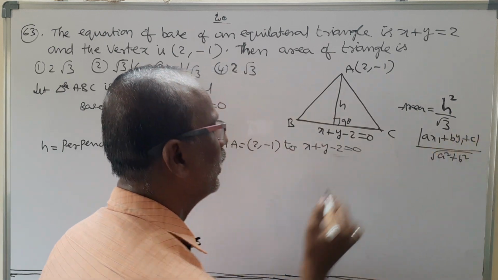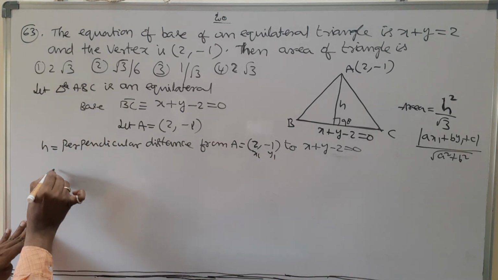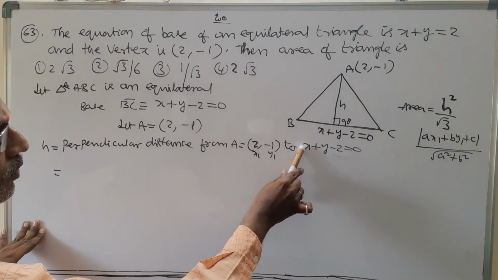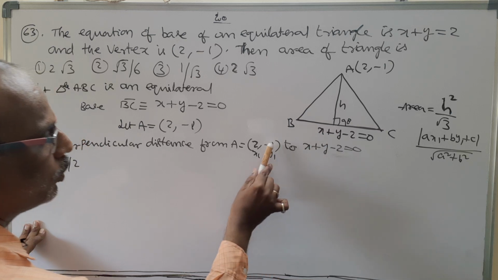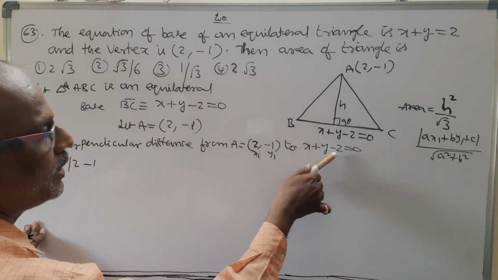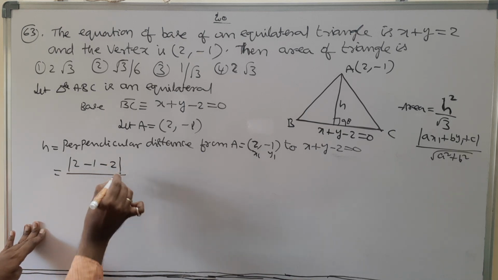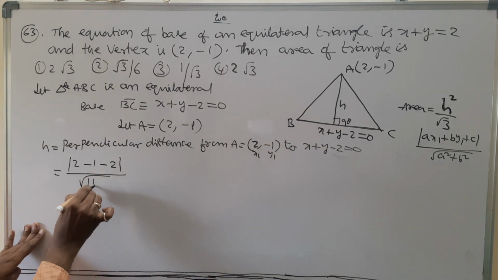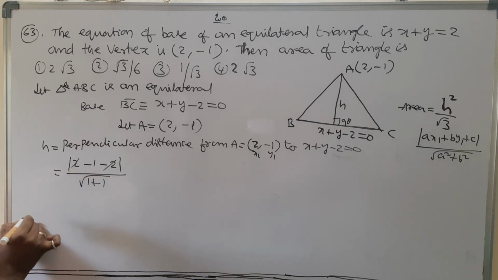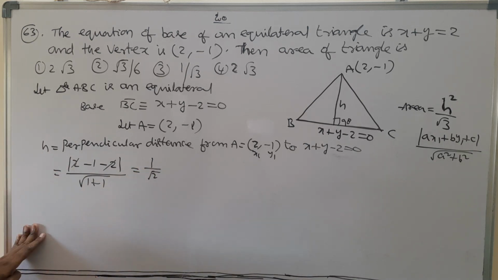Here x1, y1 is (2, -1). The a value is 1 into 2, the b value is 1 into minus 1, and c is minus 2. Under the root, a square is 1 and b square is 1. Then 2 minus 1 minus 2, that is minus 1, modulus of minus 1 by root 2. The height of the equilateral triangle is 1 by root 2.